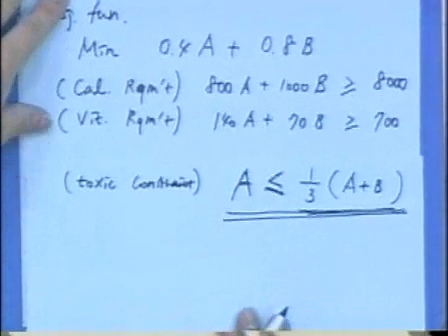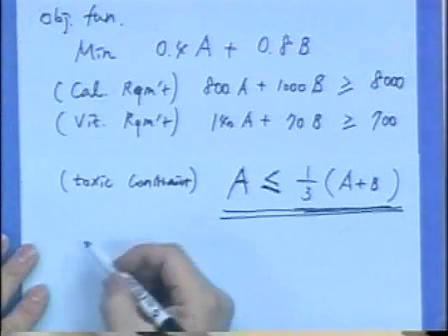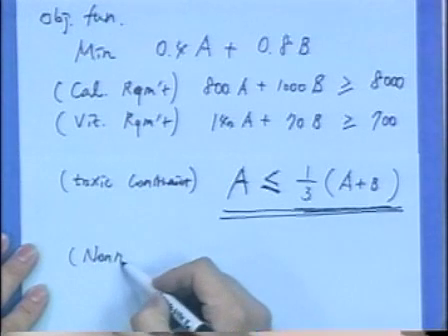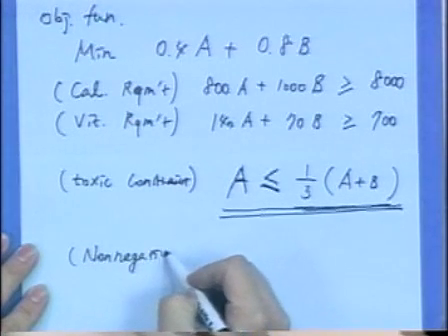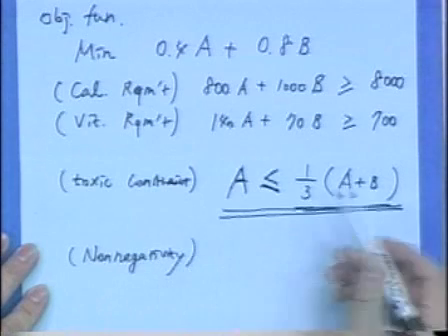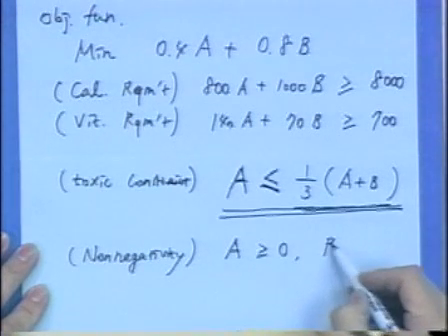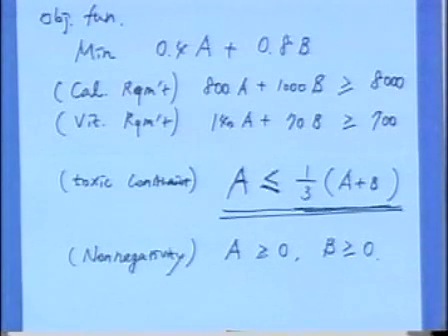And of course, lastly, we do need the non-negativity constraints, right? Which is A is greater than equals 0, and B is greater than equal to 0.